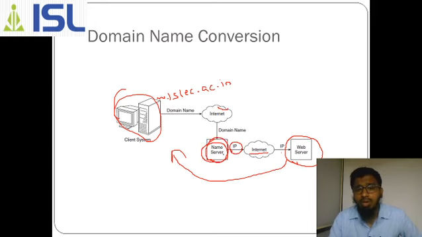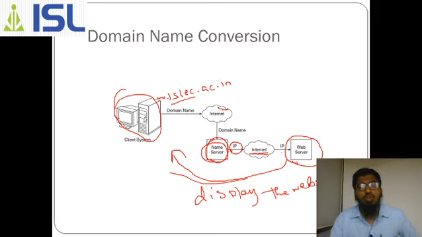The name server identifies the name you are looking for, then the IP of that name is sent to the internet again. From the internet it goes to the web server and displays the website. So this is domain name conversion.